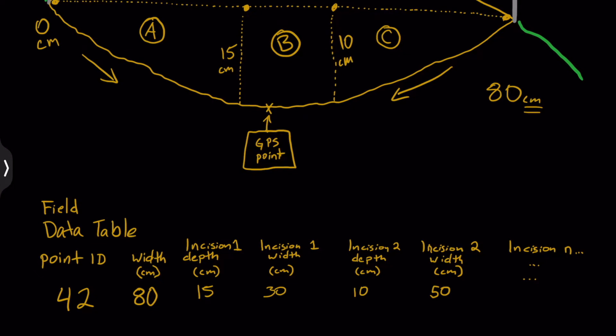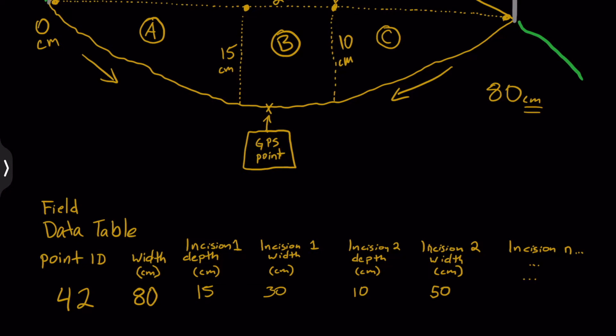And its incision width from the left-hand stake is 50 centimeters. Now we've already gone 30 centimeters in measuring polygon A. So the width of polygon B by itself, after subtracting the 30 centimeters of polygon A's width from the 50 centimeters of where we dropped this second incision measurement, right here, that's going to make this 20 centimeters wide. Easy enough.